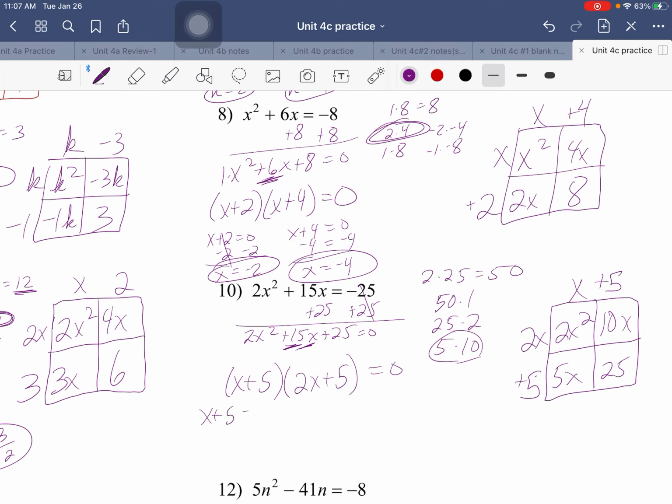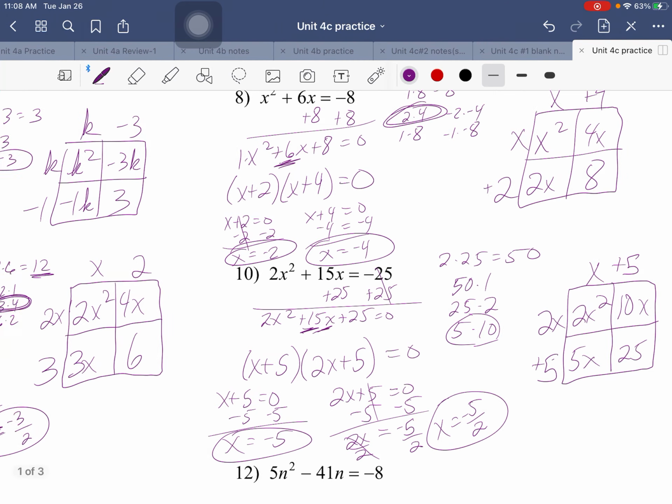Set each factor equal to 0. Negative 5. You got a two-step equation here. After you get the like terms together, negative 5 divided by 2. Negative 5 over 2 is another solution.